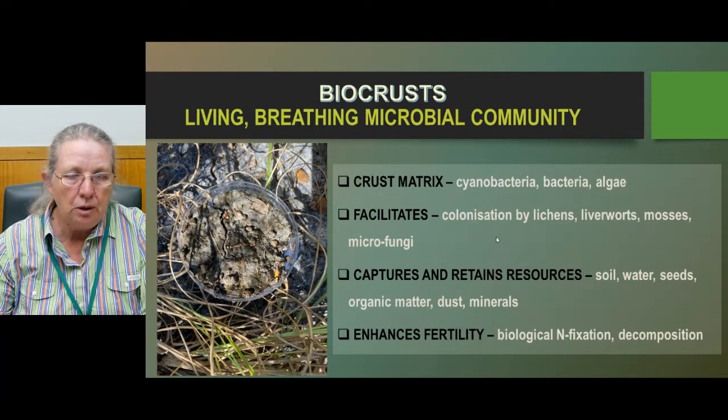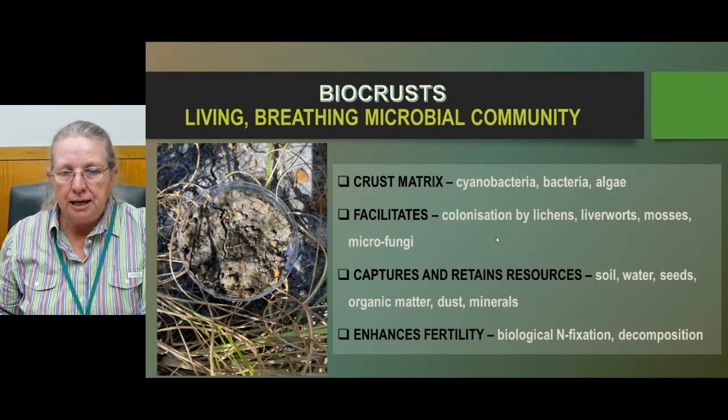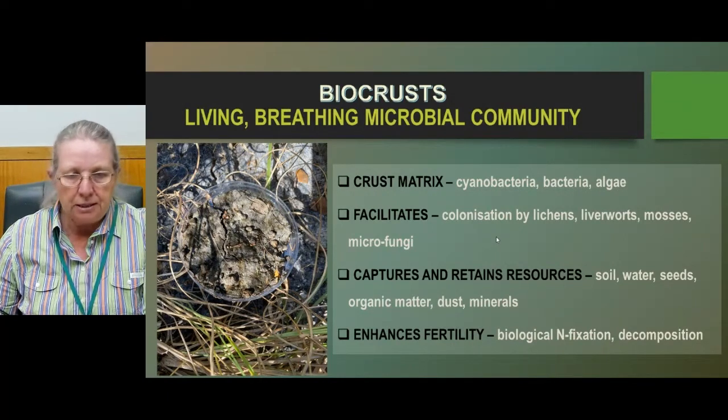As we inferred in that first slide, they live on the soil surface and between grass plants. They also capture and retain resources. They capture soil, water, seeds, organic matter, dust and minerals, and they enhance fertility through biological nitrogen fixation.